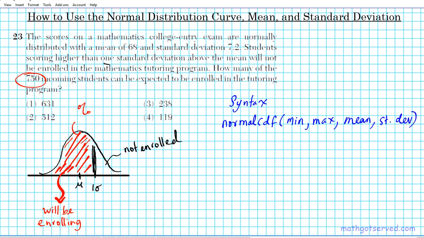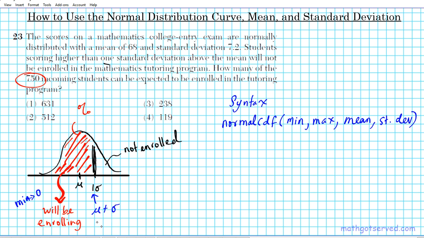And then it's going to return to us the percentage of the population that falls in that bracket. So we're looking for everything beneath one standard deviation. So we're going to be going from 0, that will be our low point, to one standard deviation above the mean.